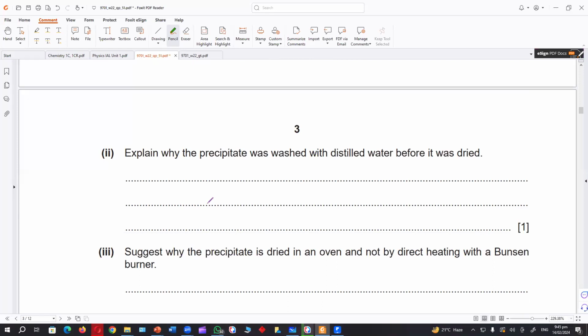To remove the impurities. But what impurities we have to mention.